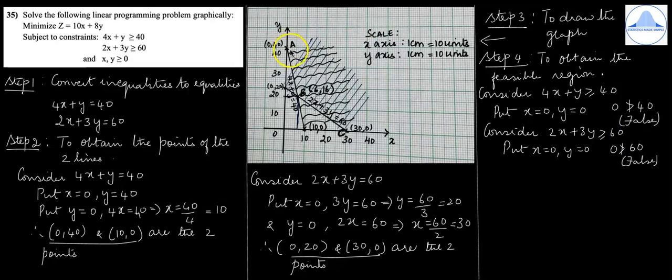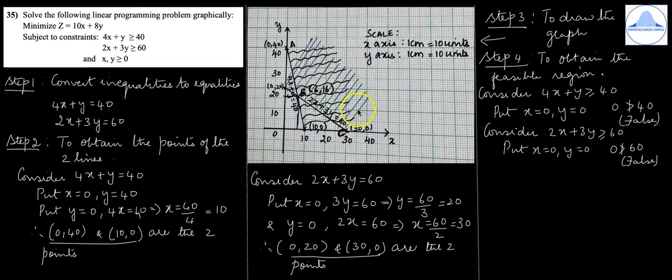So you take the first equation, that is 4x plus y equal to 40, and then you shade on top of this line. Okay, so I've used the zigzag lines. So away from the origin, that is, I've used black color zigzag lines, and then you take the other equation 2x plus 3y equal to 60. Even that the condition is false, so you have to shade away from the origin on top of the line.